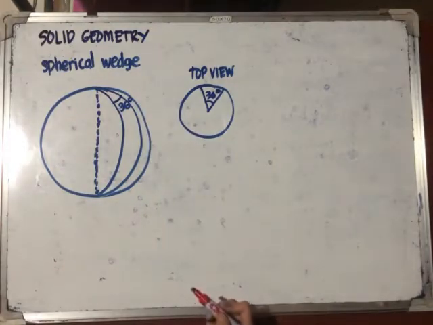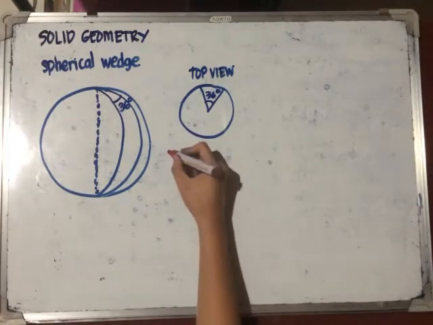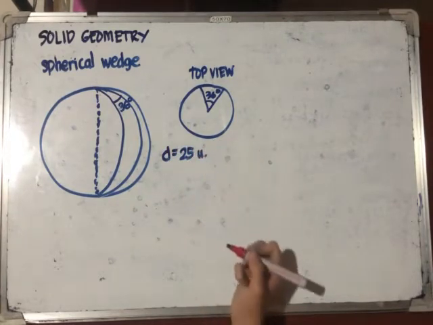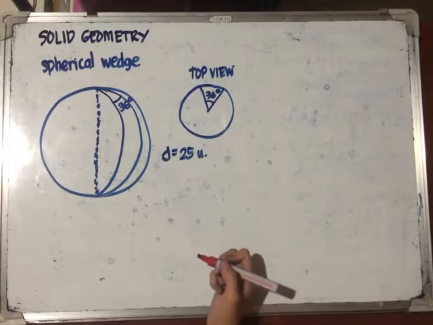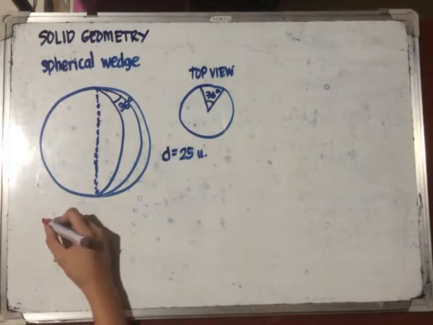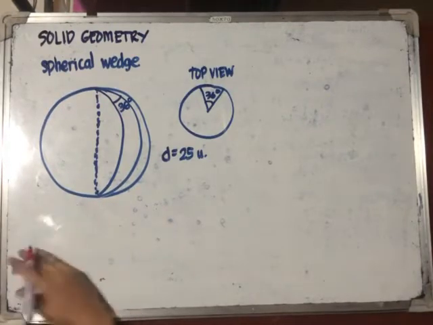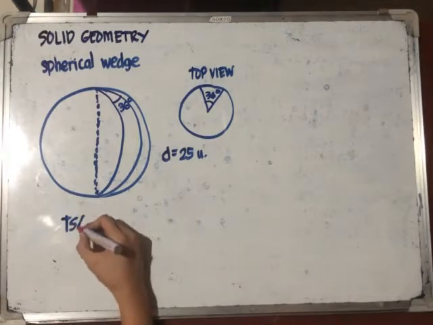Also given is our diameter. Diameter is 25 units. We need to get what? The total surface area. The total surface area. Okay, unknown. TSA of the wedge.